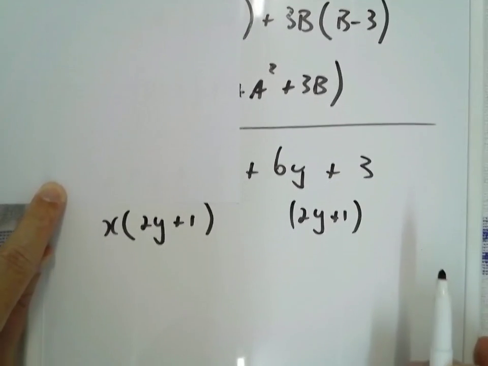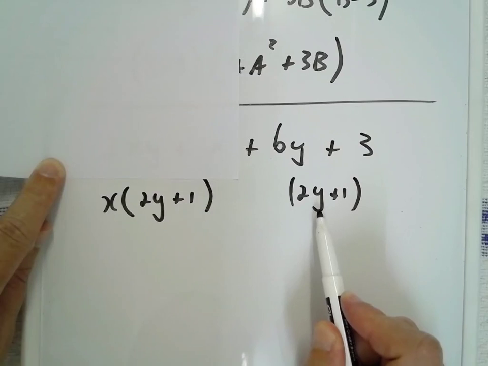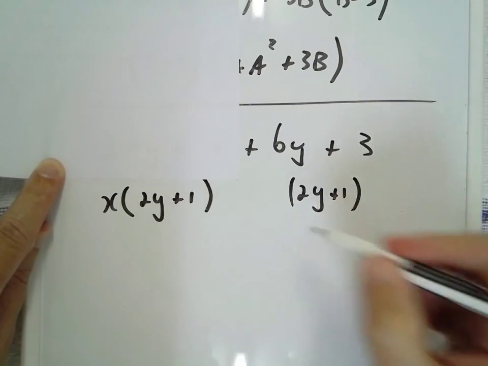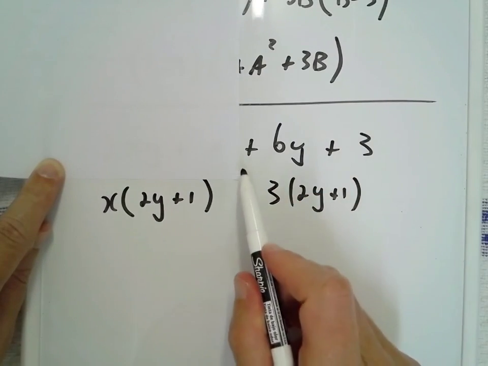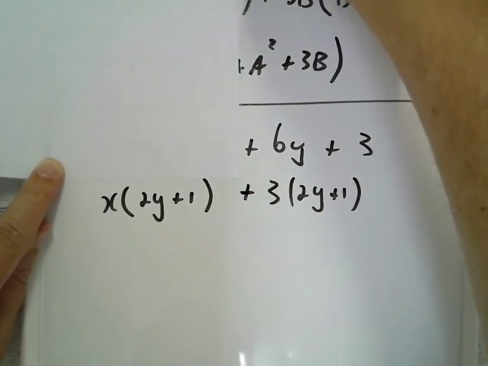And I'm going to go, what can I take out of 6y plus 3 to leave me with 2y plus 1? And so you can see that if I take a 3 out, that will do the job. It's really important here that it is a positive 3. That symbol is really important.